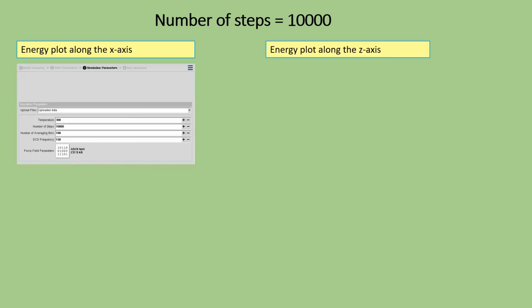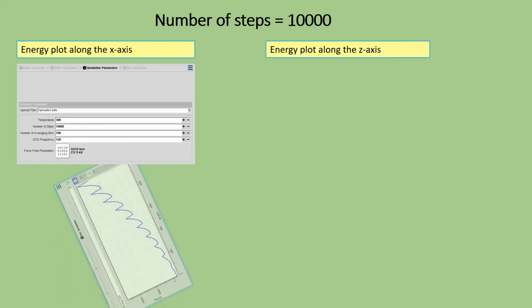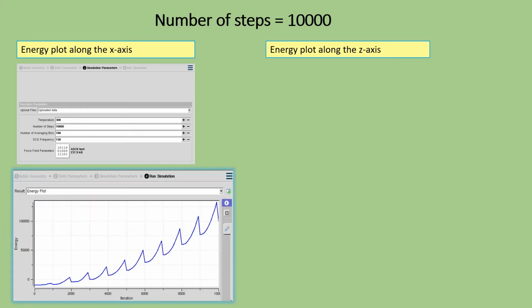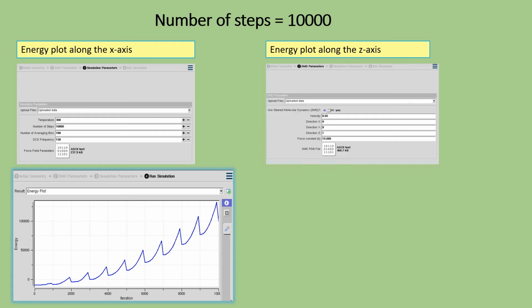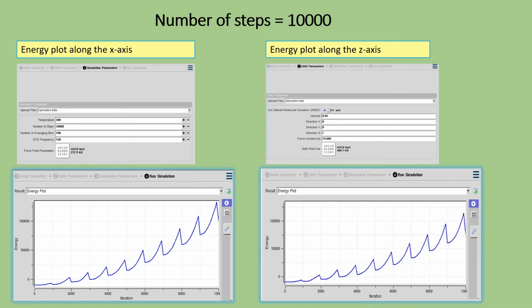Then to plot along the x-axis with 1,000 steps, you just do the same thing, but you change the number of steps to 1,000. Get a beautiful graph like so. And then to plot along the z-axis, all you do is just go back and change your direction of z to 1 and direction of x and y to 0.